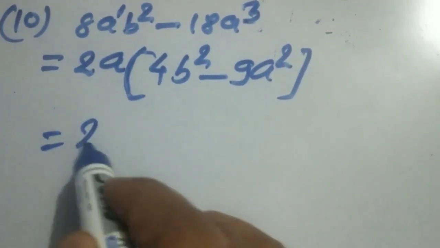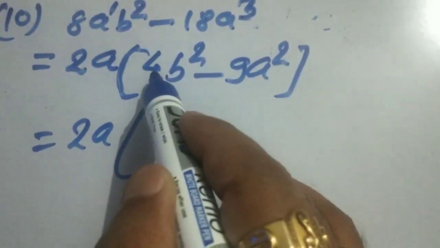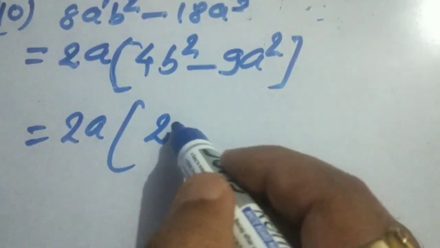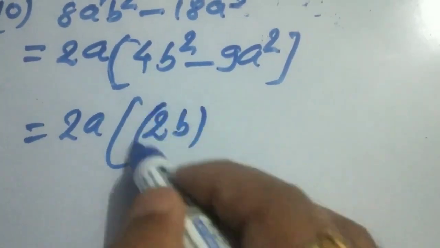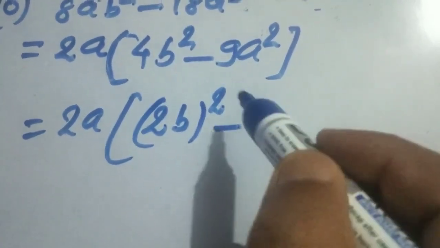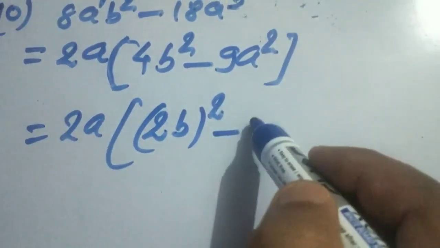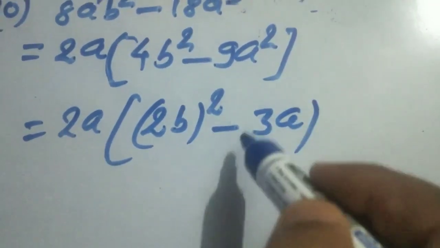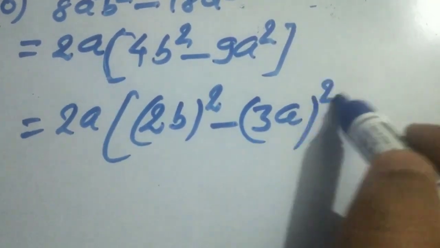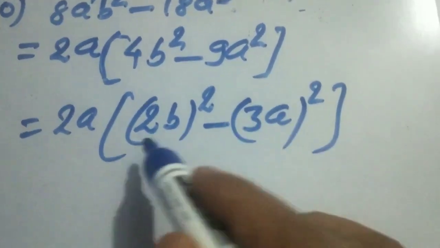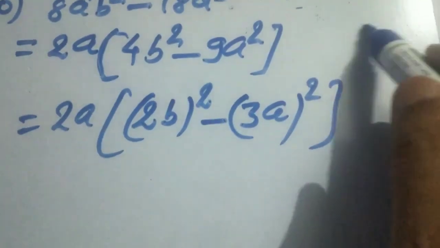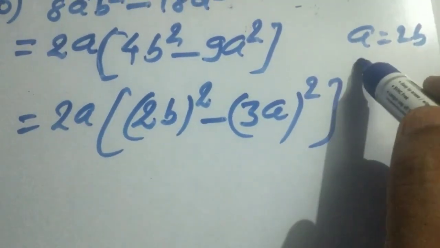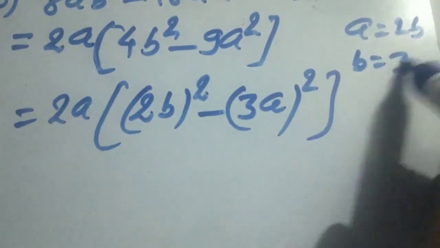Now you can see 4 is the square of 2 and b square is the square of b. So write here 2b the whole square, and minus 9 is the square of 3 and a square is the square of a, so write it as 3a the whole square. Now in the place of a there is 2b, and in the place of b there is 3a.